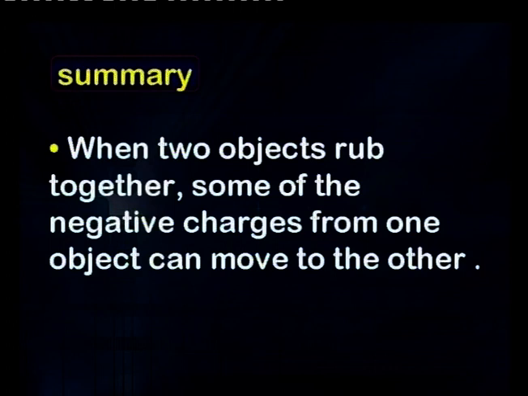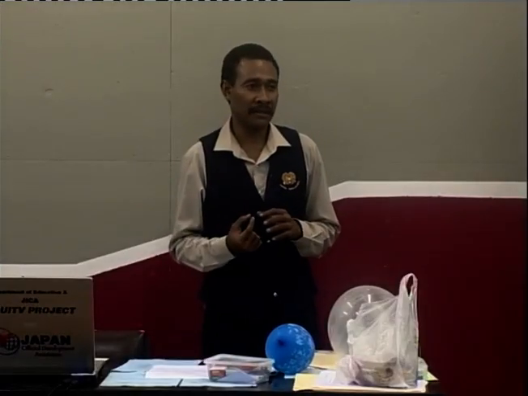Now, what actually happens is this. Why are we rubbing the balloons with the piece of cloth? Now, all matter is made up of particles. That is what we have learned already. If we break these particles up, we will find that they all contain what they call atoms.